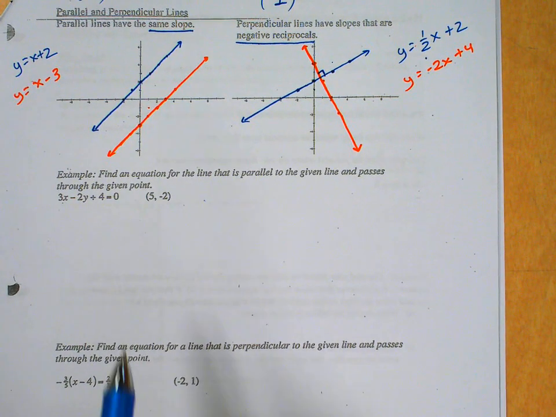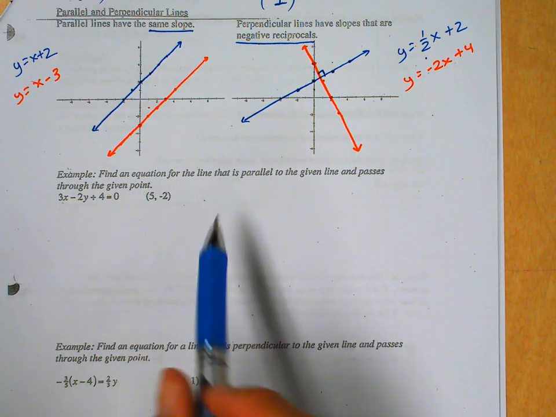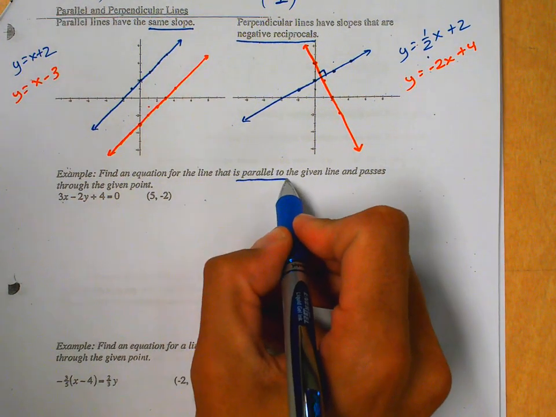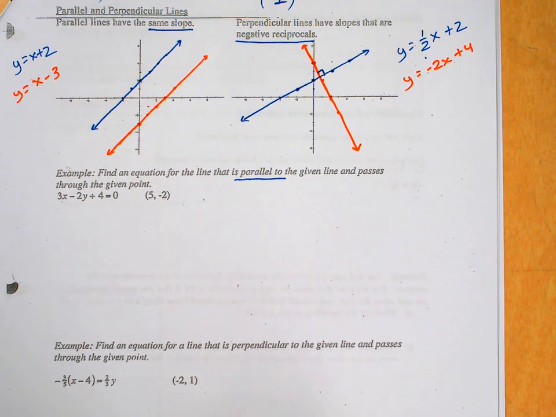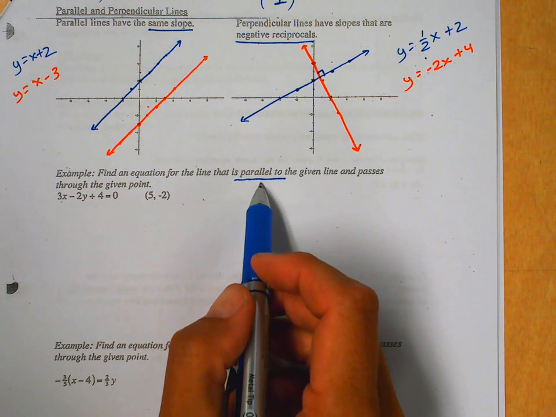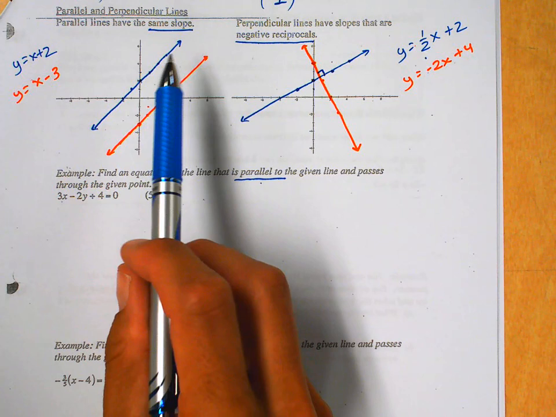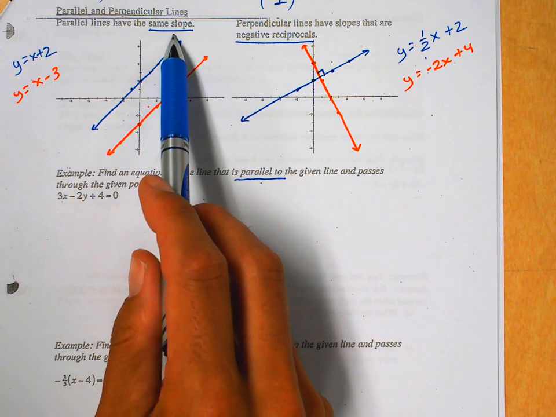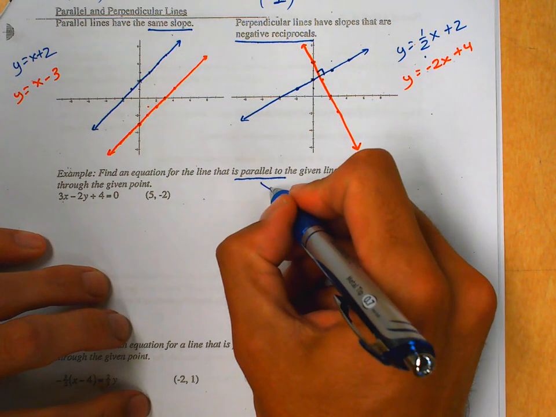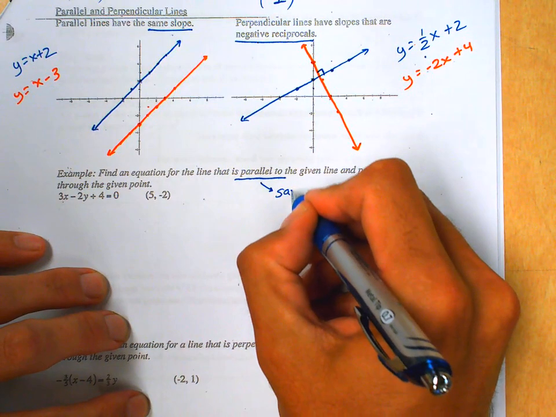next problem. Find an equation for the line that is parallel to the given line and passes through the given point. When I see parallel to, I should automatically know from right up here, parallel means same slope.